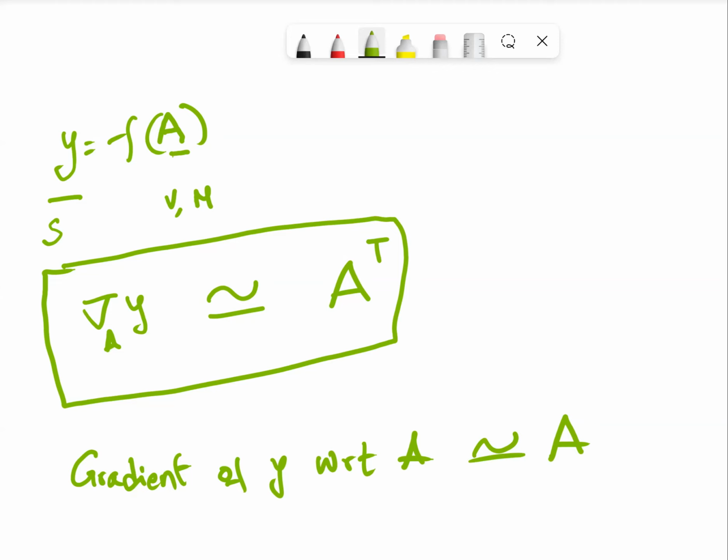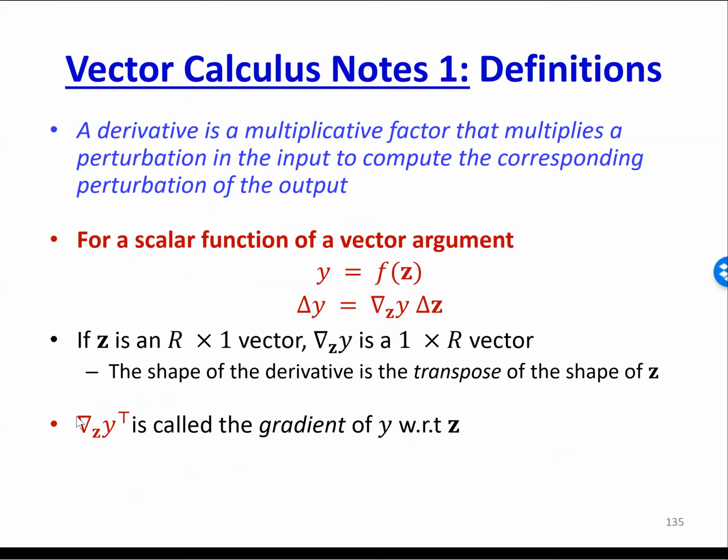The gradient is different from the derivative. The gradient is defined as the transpose of the derivative. The gradient lives in the same space as a. Is that clear? And so over here, this term, the transpose of the derivative of y with respect to z, is called the gradient of y with respect to z.